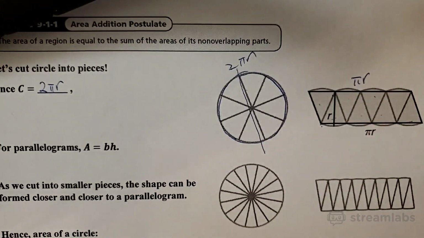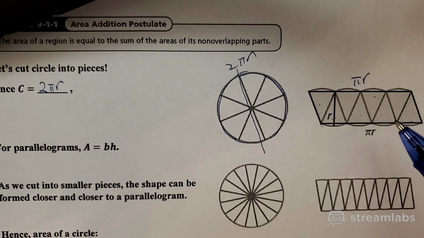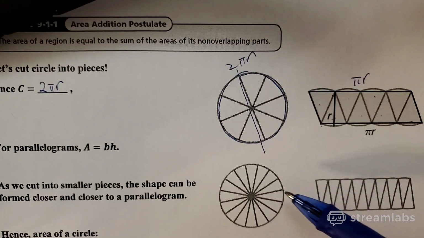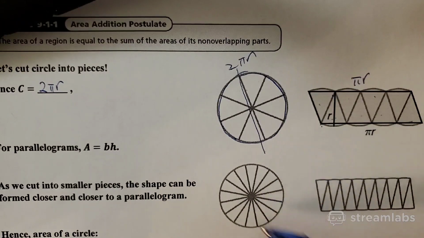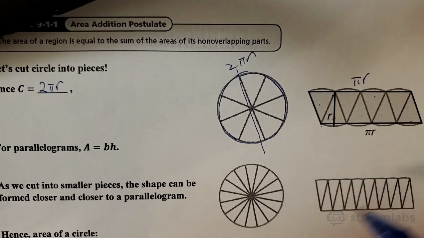Now, you're like, Mr. Cole, this still does not equate to an actual parallelogram. How come you can say it's a parallelogram? Well, this is because when you are looking at more of these pieces, this will be flatter and flatter. And once it's flatter and flatter, you are able to treat this as a straight line if you have more and more.